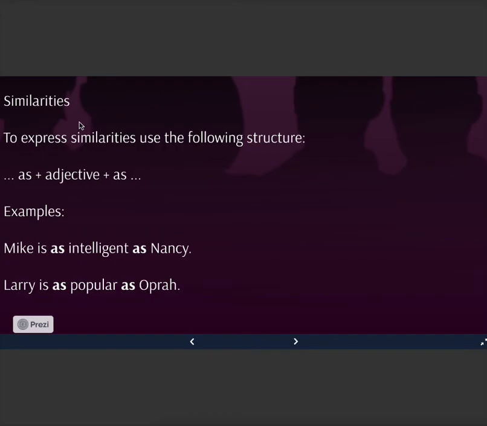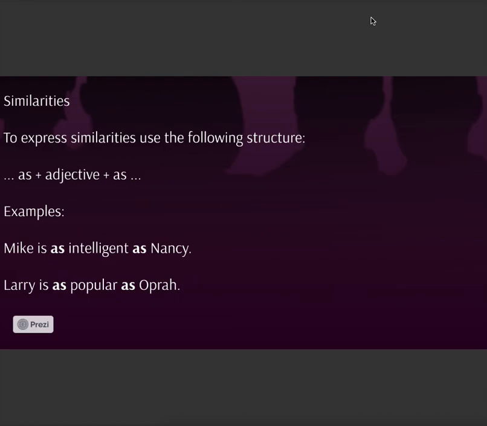So, questions about it? To make comparisons when things are at the same level, you can say, my dog is as beautiful as your dog. My best friend is as intelligent as I am. My mom cooks as delicious as your mom.